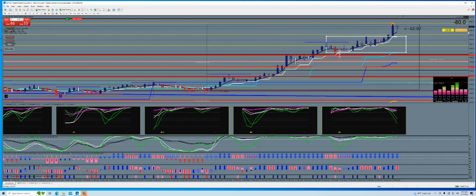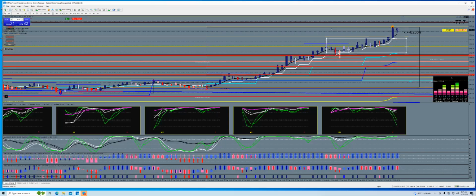Shit. I'll get out of that trade. This thing is still strong up here. It may make another run up.